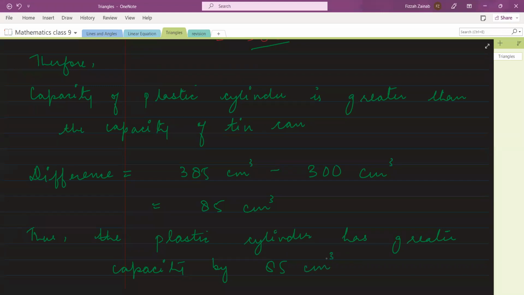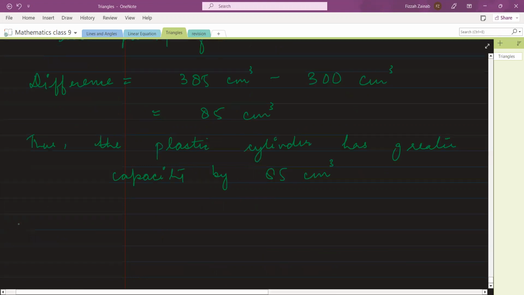That means it is greater, and how much? That means 85 centimeter cube. So this way you have to conclude. Okay, now next question quickly.